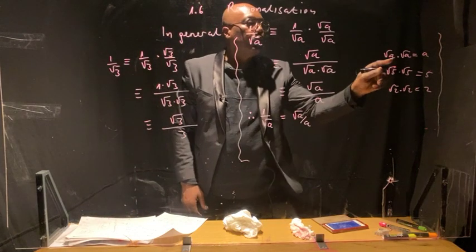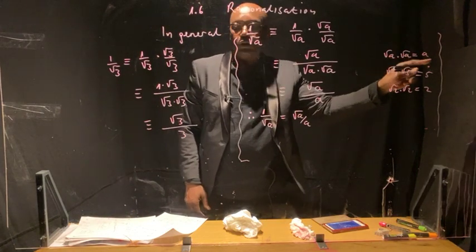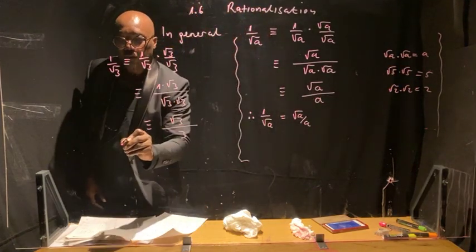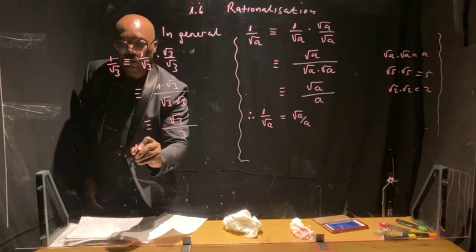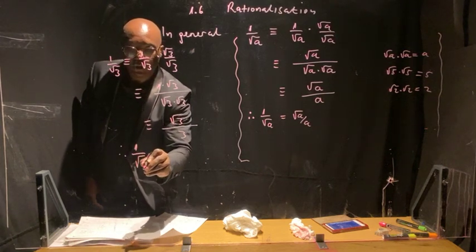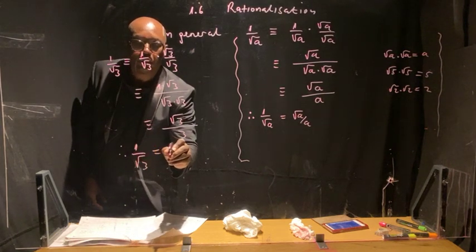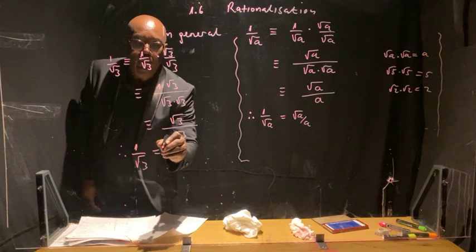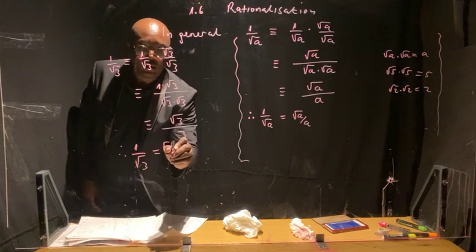We said root A multiplied by root A is equal to A. Therefore, 1 over root 3 is equal to root 3 over 3.